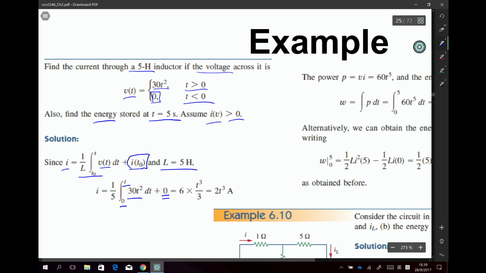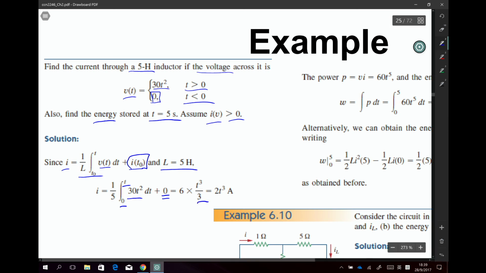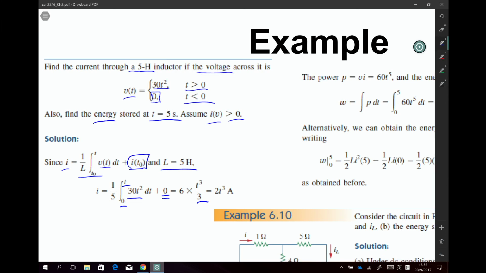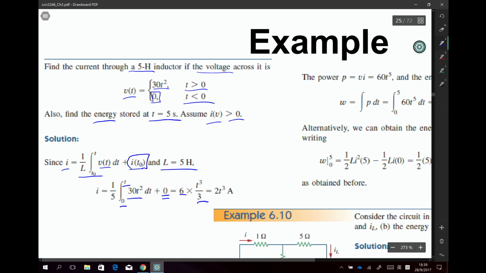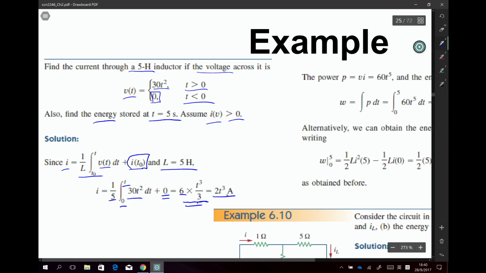After you solve the integral, 30t squared gives you t cubed over 3 times 30, and after dividing by 5, at the end it is equal to 2t cubed. This is the current function.